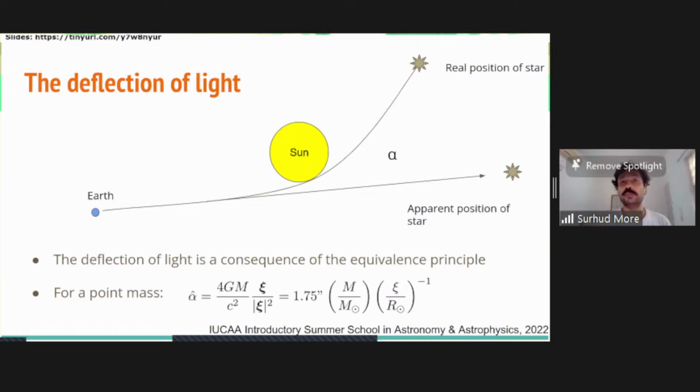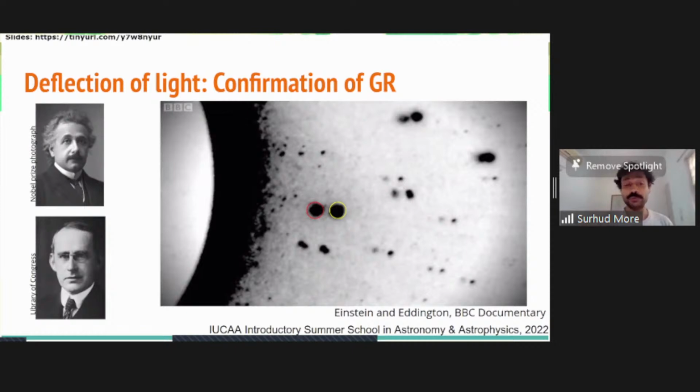And this particular formula was verified, and this is quite well known, by Arthur Eddington when there was an eclipse that happened in 1919. So what you are seeing here are images taken during the eclipse and after the eclipse of stars which were close to the sun during the eclipse.